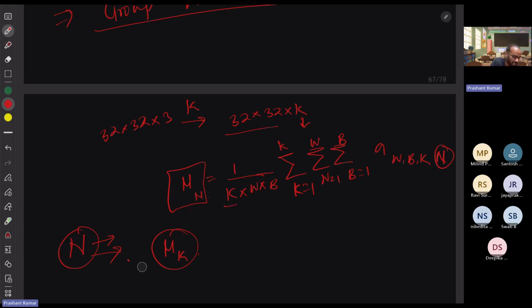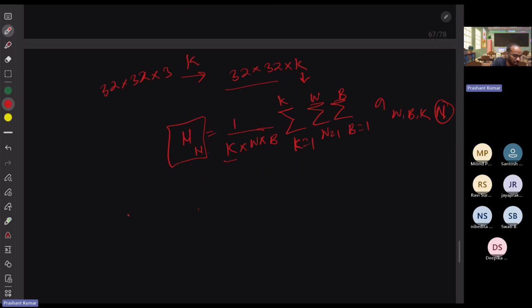This is called group normalization, and in each case I will pass an input and get a different mu N over all these K. So this is the simple concept of group normalization.